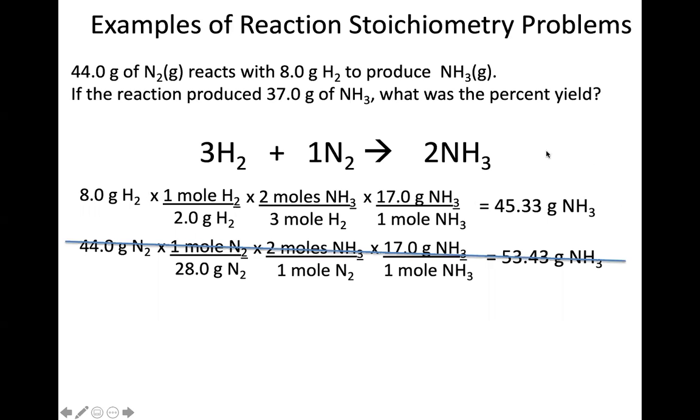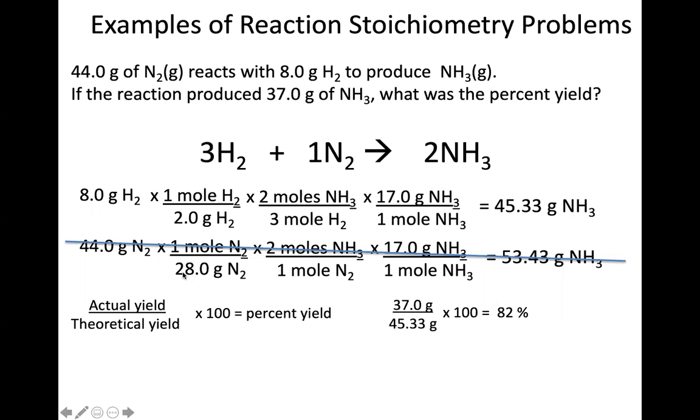I would choose the smaller amount. In theory, I could make 45.33 grams. I actually produced 37 grams. 45.33 is the theoretical amount, 37.0 is the actual amount, so the percent yield in this case was 82%.